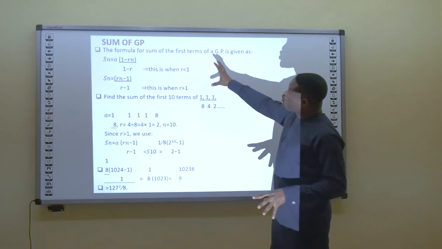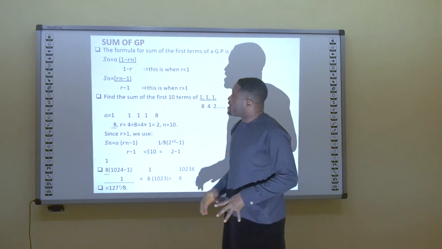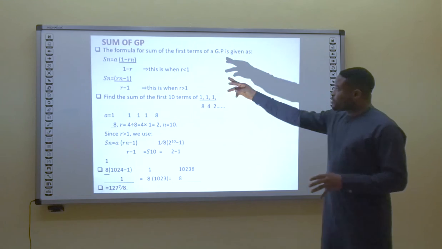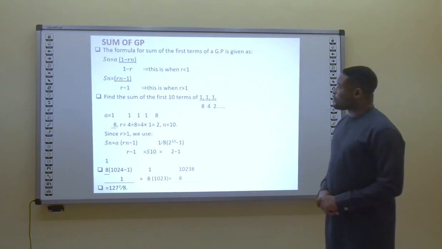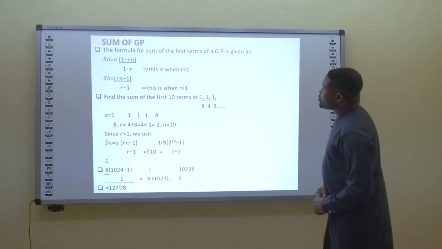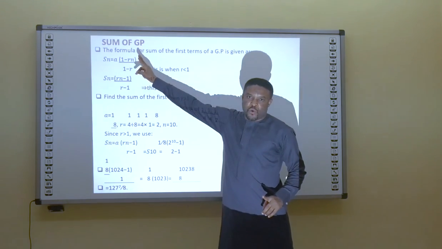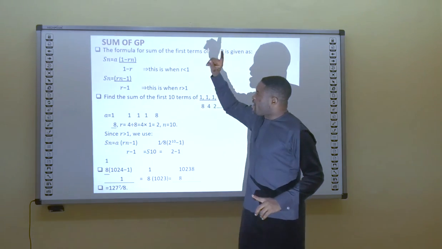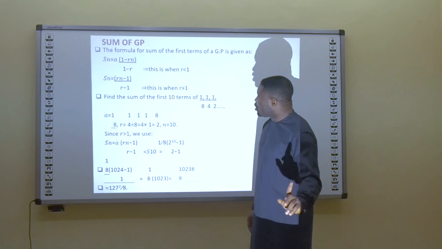Then the sum of a geometric progression is represented by this formula, where we have Sn is equal to a times (1 minus R to the n) all over 1 minus R. This is when R is less than 1. Because when R is equal to 1, then this progression does not hold.